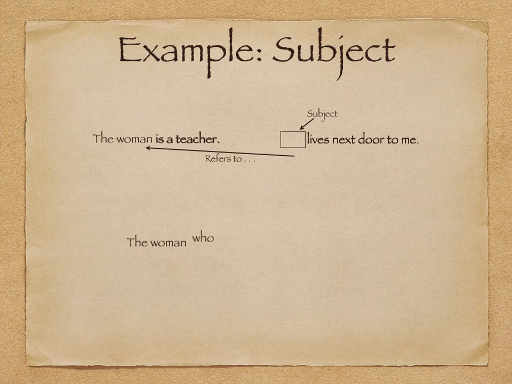So that means I just move that whole clause, the woman who lives next door to me, next to the noun that I'm modifying. And then I finish my independent clause, so the verb and the rest of the sentence of my independent clause comes next. I do not use a comma because woman, if I take everything else away, woman is a general noun, and so that means this is a restrictive adjective clause.